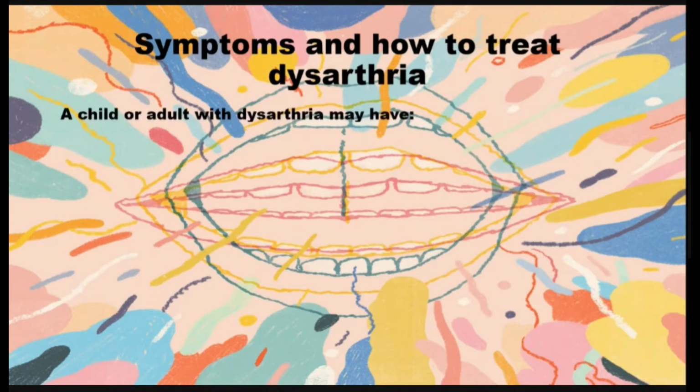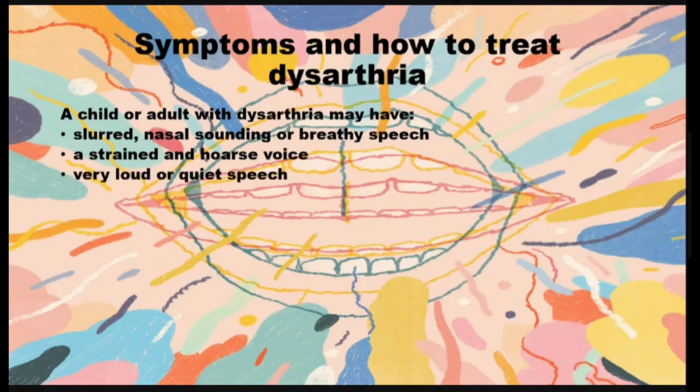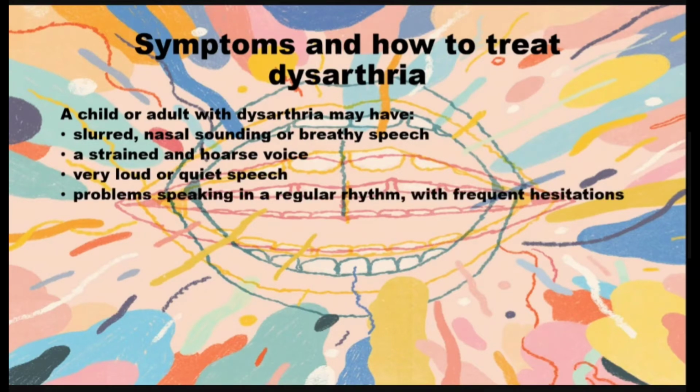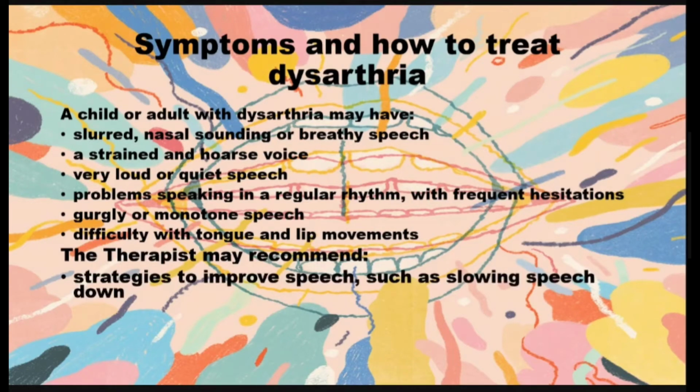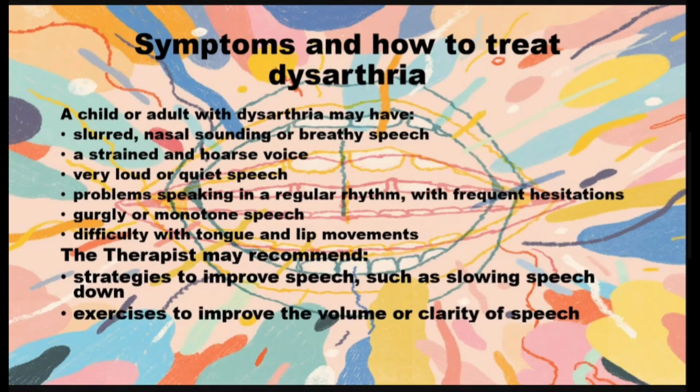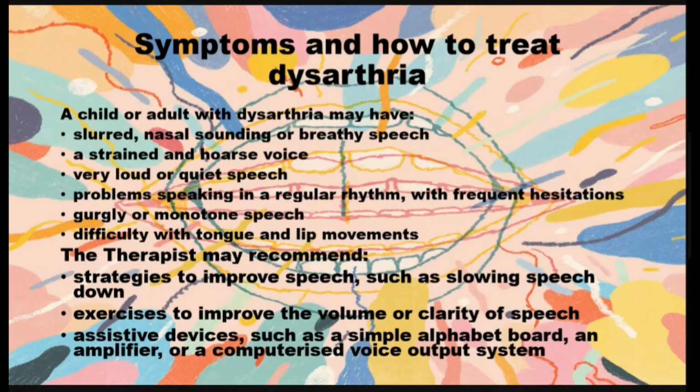A child or adult with dysarthria may have slurred, nasal sounding or breathy speech, a strained and hoarse voice, very loud or quiet speech, problems speaking in a regular rhythm with frequent hesitations, gurgly or monotone speech, and difficulty with tongue and lip movements. The therapist may recommend strategies to improve speech, such as slowing speech down, exercises to improve the volume or clarity of speech, and assistive devices such as a simple alphabet board, an amplifier, or a computerized voice output system.